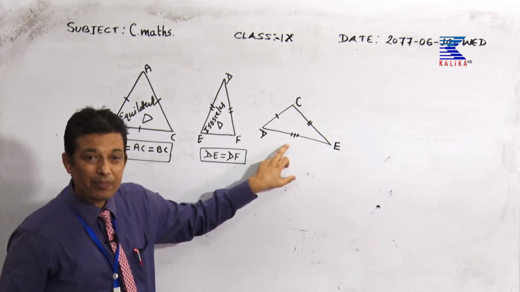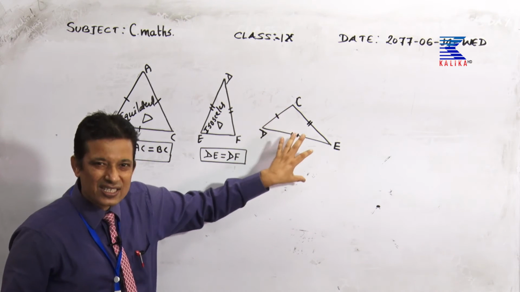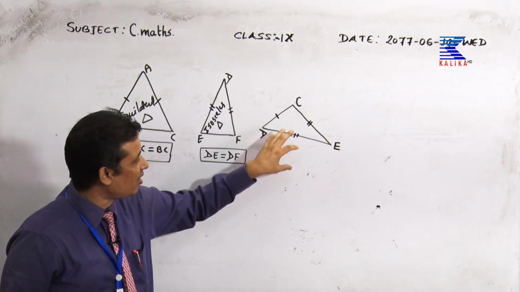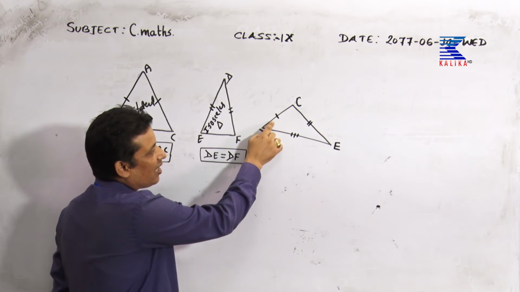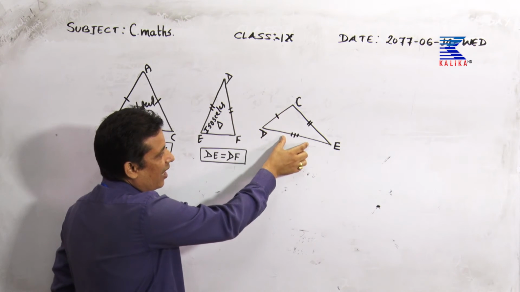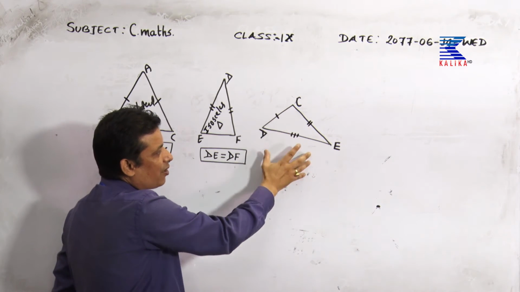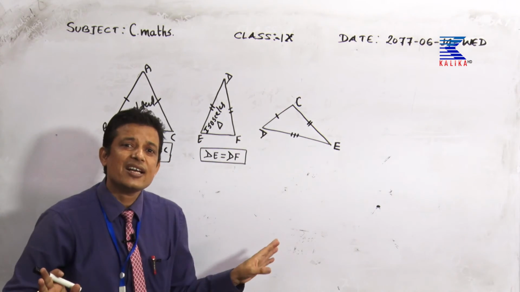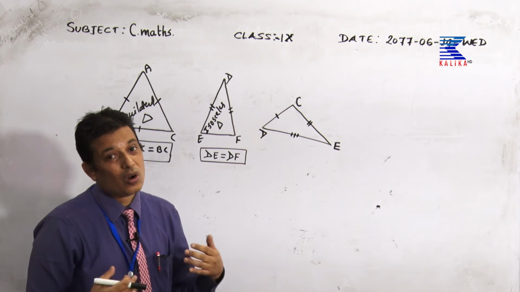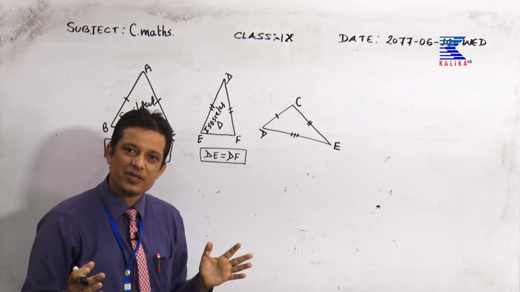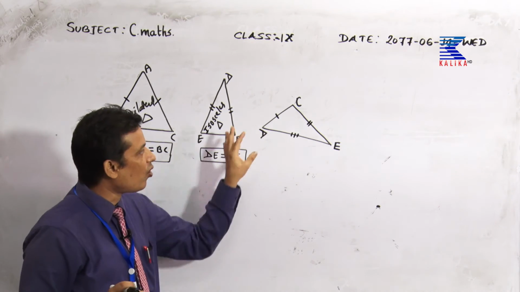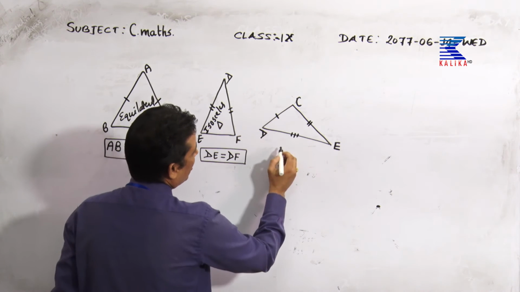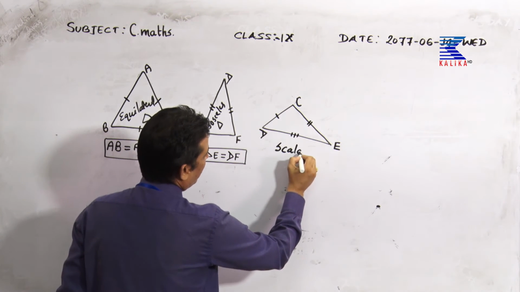Are they the same? Is any one matching? You study the signs please, but you get nothing matching there. It means CD is not equal to DE and CD is not equal to CE. It means all 3 sides are unequal. There are no sides equal to each other. All of them have different measurements. The lengths of all sides are different. This type of triangle is known as a scalene triangle.